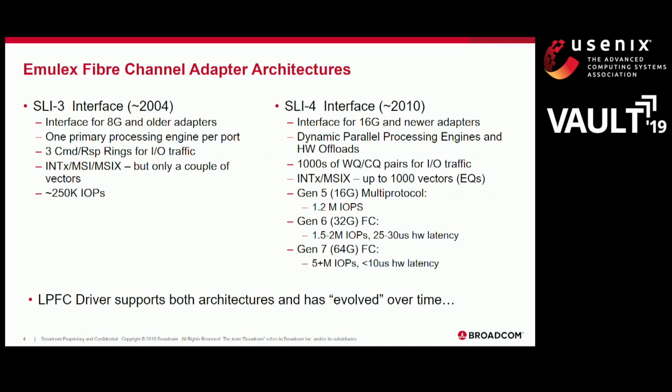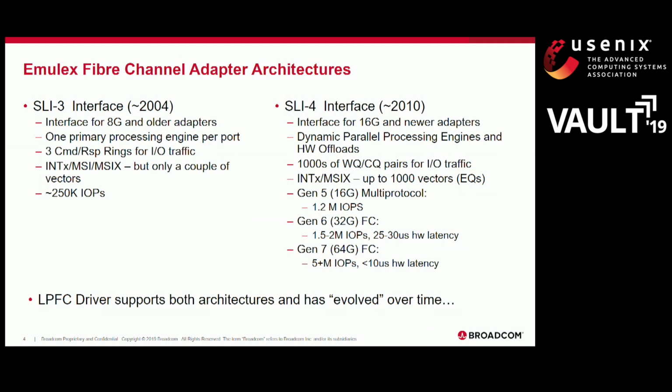But we did design a new interface which was tailored towards the higher CPU counts that we knew most of the systems were moving to. And we've since released 3 generations of ASIC on that interface. And it's a model where we have quite a few parallel processing engines and a dynamic model that moves the I/O load within the chip to whatever PCI function is actually driving it at that point, while still enabling the data coherency boundaries that we need between ports.